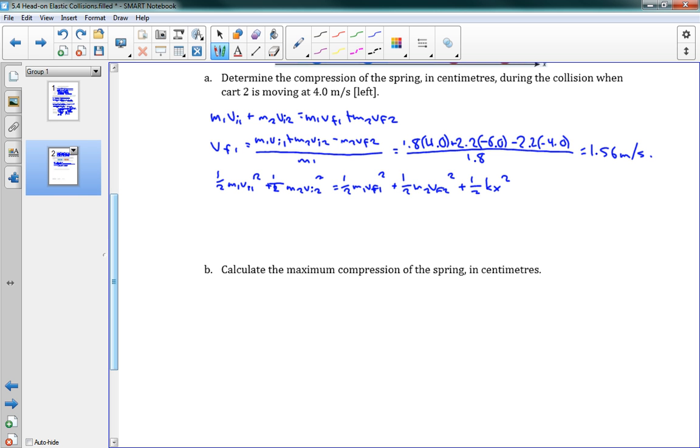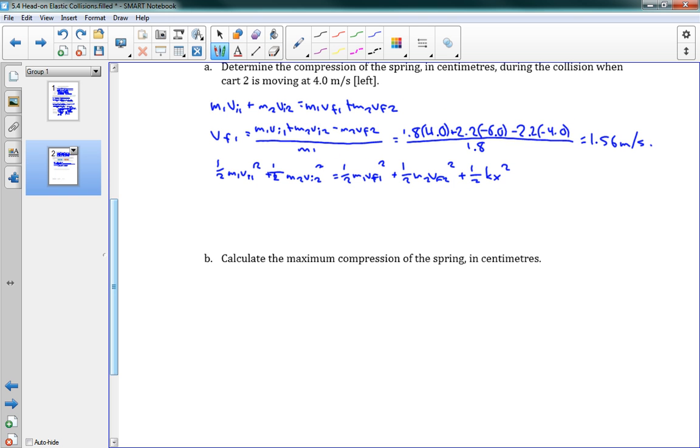Good. Okay, it's a mouthful. That's a lot of math to be doing here. First off, we'll cross off all these 1/2s. Every single thing here is multiplied by 1/2, so they can all just disappear.